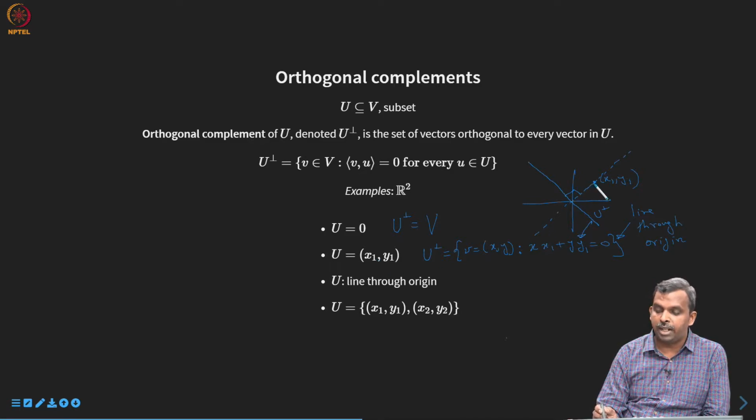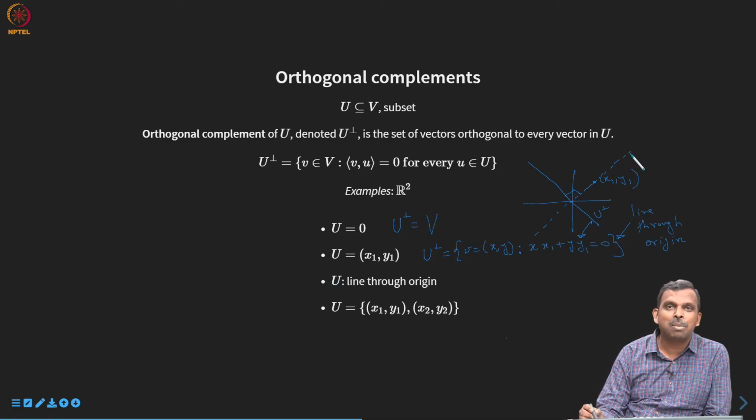So, you take one point and ask which is the set of all vectors which are orthogonal, they will lie on the perpendicular line, it is easy to see. What if U itself is a line through the origin? The same example extends, right. So, this dotted line would be a line through the origin and then U perp would again be a line which is perpendicular to it, right. Because a line through the origin, there is only really one vector in it, right, it is one dimensional. So, there is nothing more to worry about. So, you just make sure it is perpendicular to that, it will be perpendicular to the whole thing.